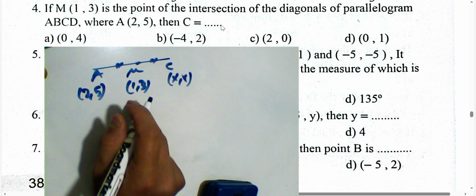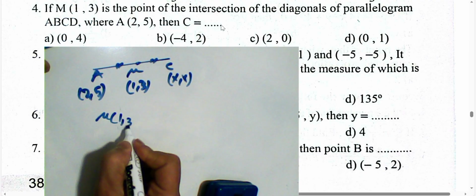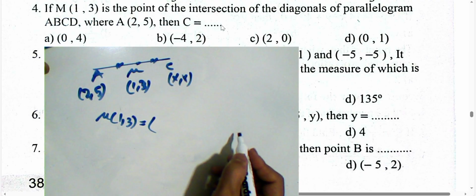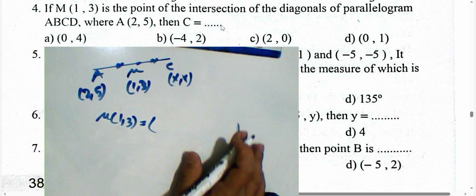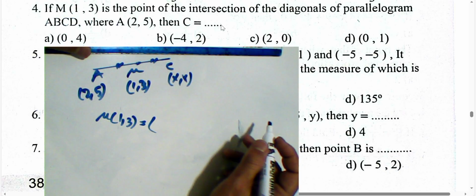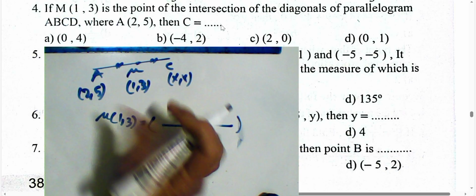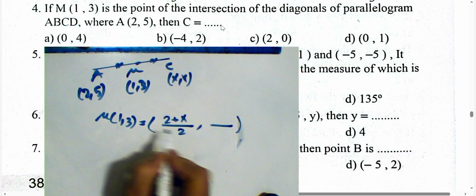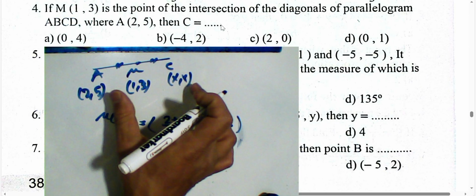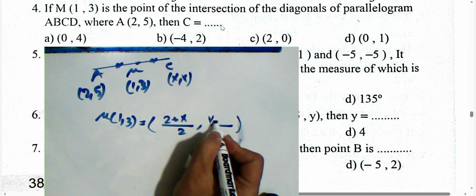We can start at the point M. Point M equals (1, 3), which is equivalent to 2 plus X divided by 2, and Y plus 5 divided by 2.